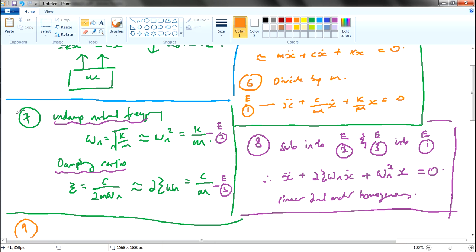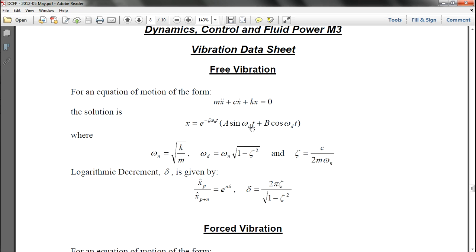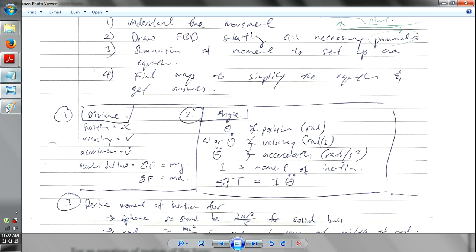After which, step 7 is to actually take these equations. These equations are actually given in the test, or you can also memorize them, but it's quite easy to memorize. So we take this and this formula and plug them into this.